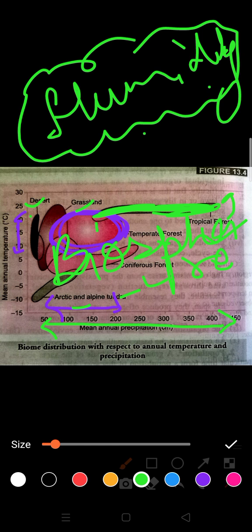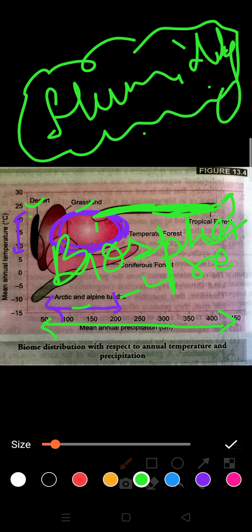In the tropical zone, children, winter season is nil. You can see temperature is very high, so winter is nil, and we generally see tropical forest vegetation. In the subtropical zone, which is the part below this, there is mild winter and subtropical deciduous forest.